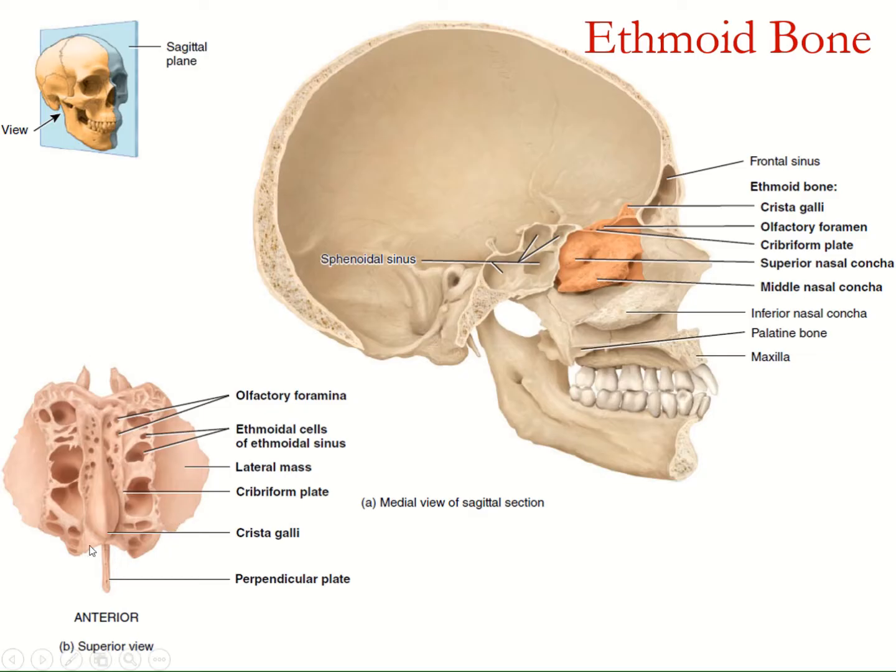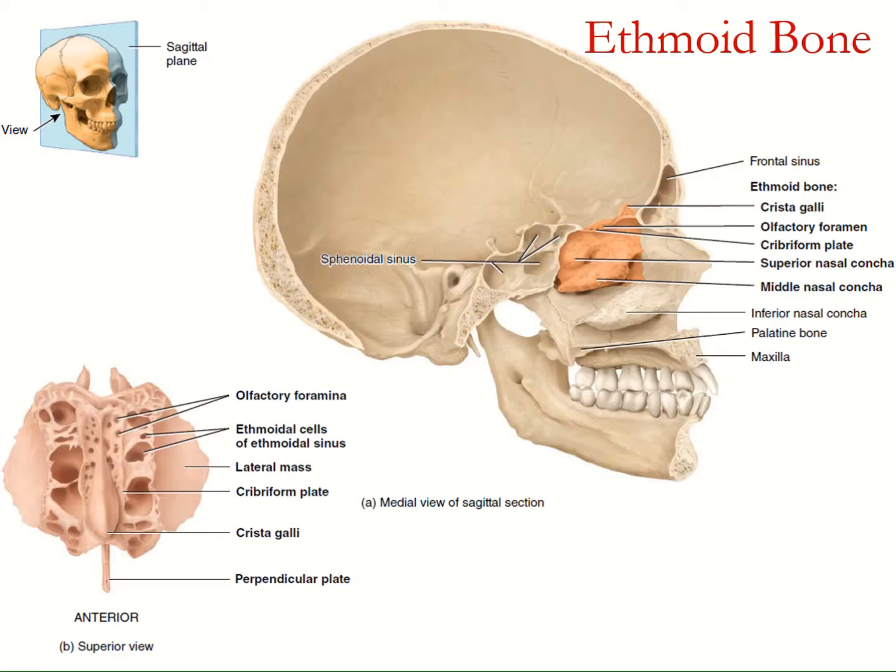So this is your superior view of the ethmoid bone, and I just want you to note the different holes, the structure, and then we have the olfactory foramina here. Olfactory foramina because your nerves for smelling or olfaction, the nerve responsible why we can smell a particular scent, is your olfactory nerve.